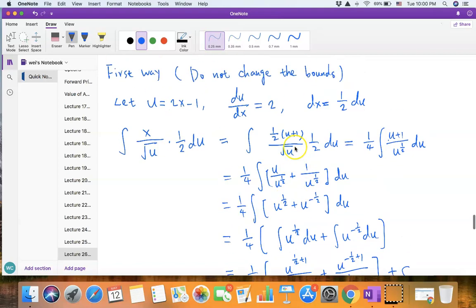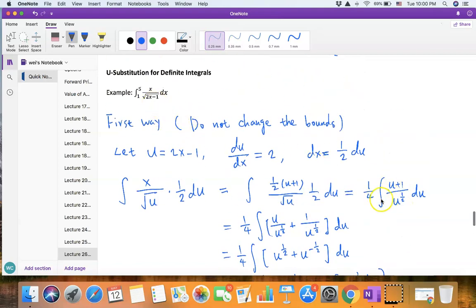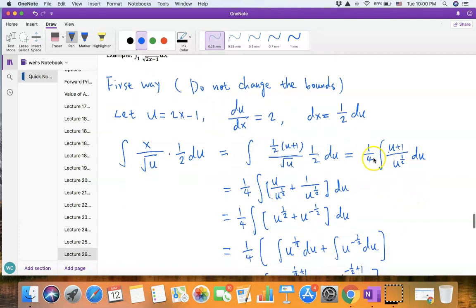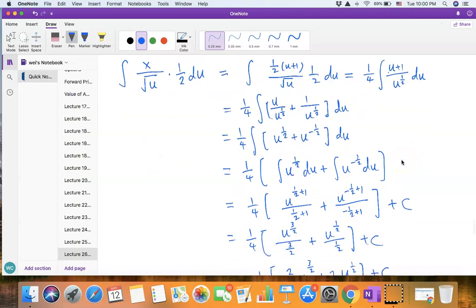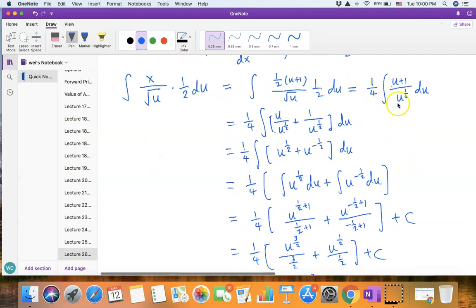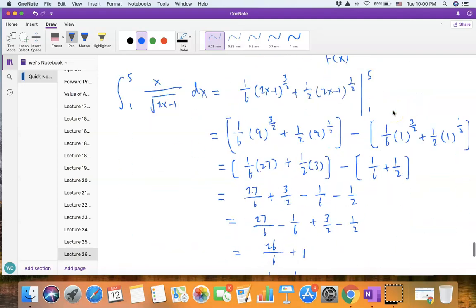So this is like this integral. After I write this integral in terms of u, it becomes 1 over 4 times u plus 1.